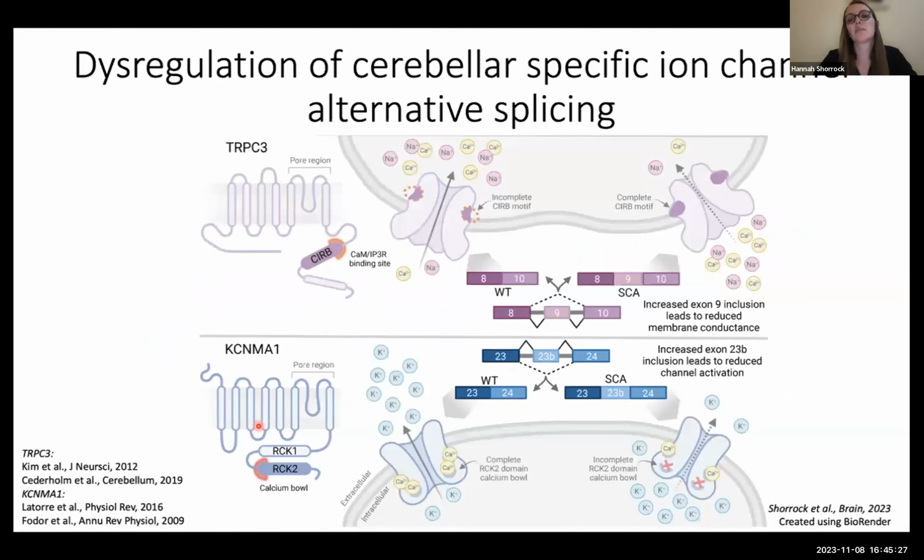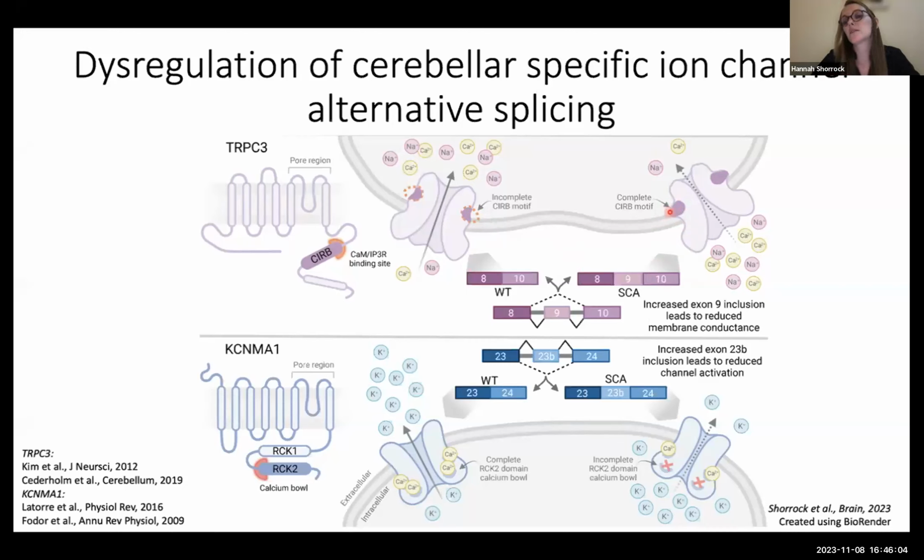And so just to provide you with a little bit more context for those two splicing events, what you can see here, both TRPC3 and KCNMA1, is that the region that's affected by this alternative splicing is highlighted here in red or orange. So we know for TRPC3, for example, in the wild-type mice without exon 9, what we have here is an incomplete CIRB motif. And with the scar mice, we have this complete CIRB motif, and this changes the permeability of those ion channels.